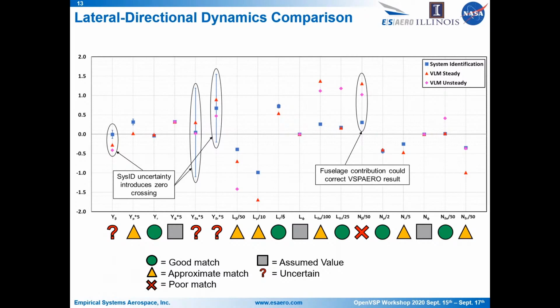But outside of the other results, there's another which we point out, which is the yaw moment due to sideslip derivative, which also doesn't match what system identification produces. And if you've been astute in the previous slide, you might have noticed that all of our VSPAERO simulations have been run without the fuselage included.